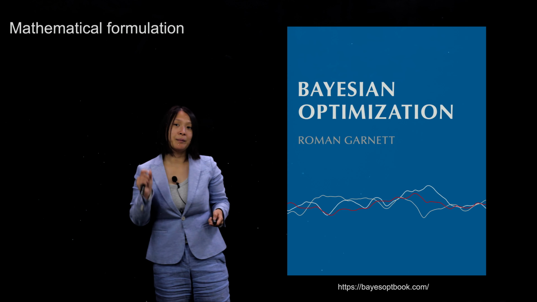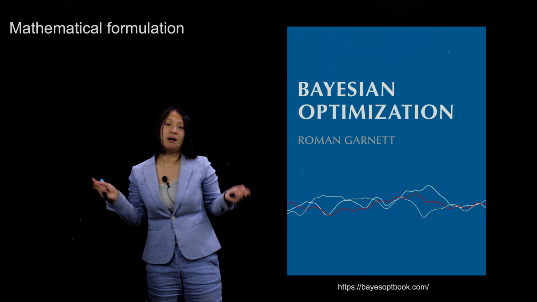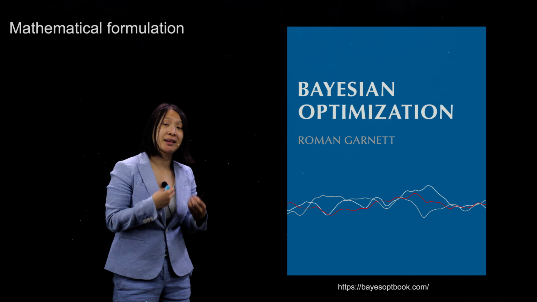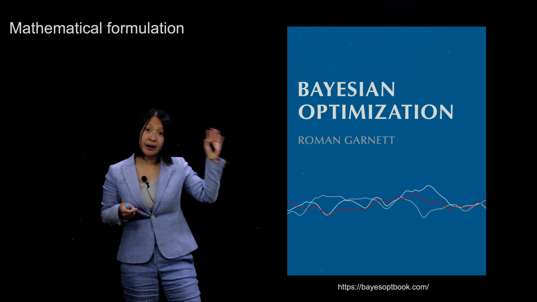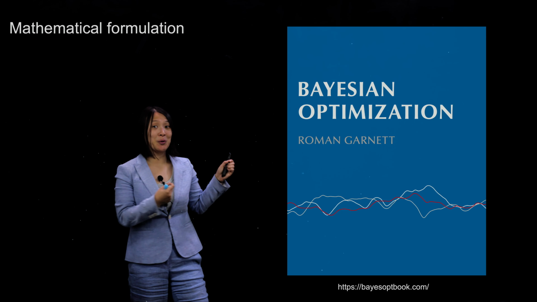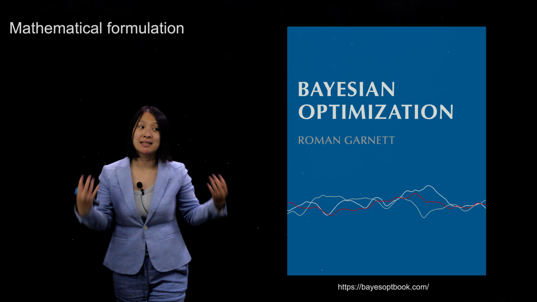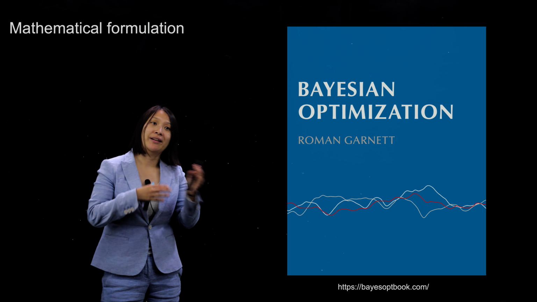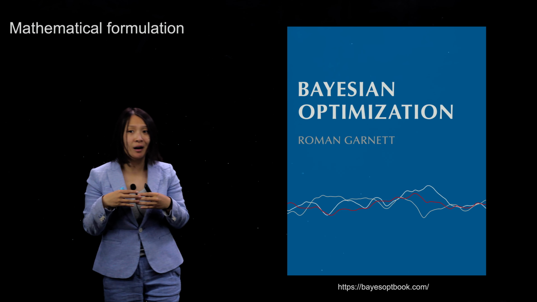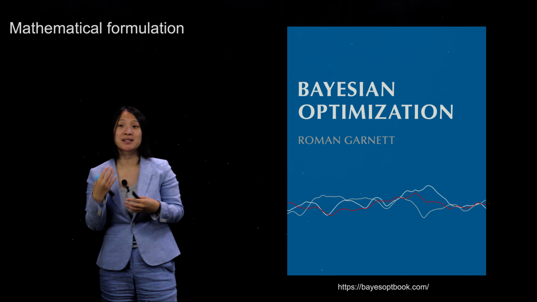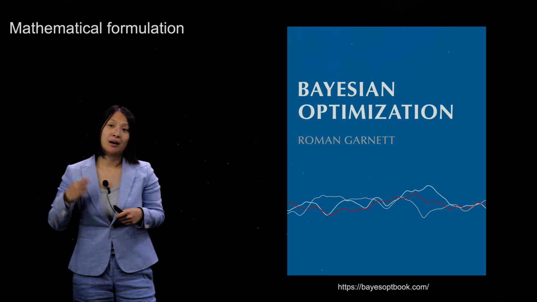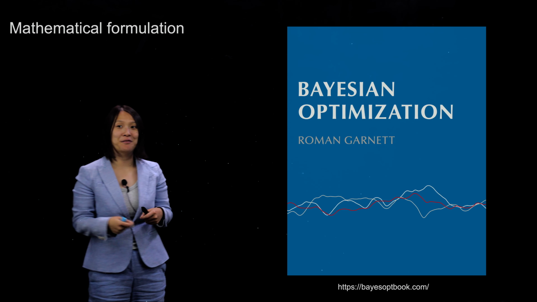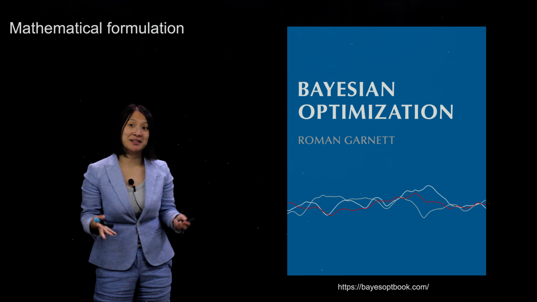Behind the scenes, different acquisition functions definitely come with different mathematical formulations in terms of how they are encoded. I recommend the book shown on the screen, Bayesian Optimization. In this book, there are detailed mathematical formulas and also explanations of how to build your own Bayesian optimization framework with different choices of acquisition functions.